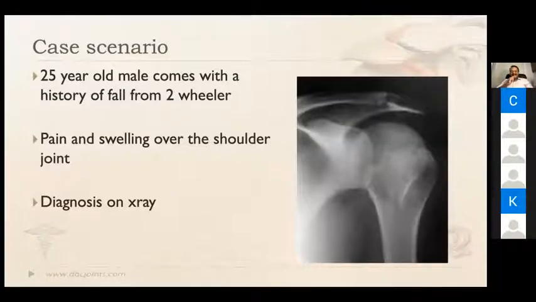Yeah, there is a caudal tilt of the beam, so that the acromion, which is normally a structure that comes from posterior to the superior aspect, and to see the subacromial space as well as the glenohumeral space, you have to direct the beam in a little caudal direction. Okay, that is a true AP view. So you can see both the joints. Otherwise you cannot see the glenohumeral joint. If it's a true AP view, you would say it is wrong.